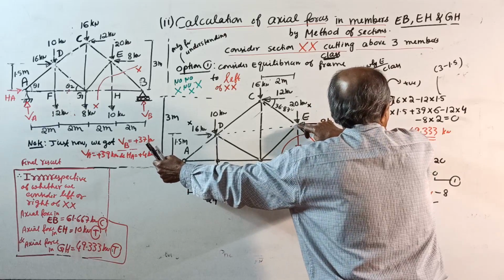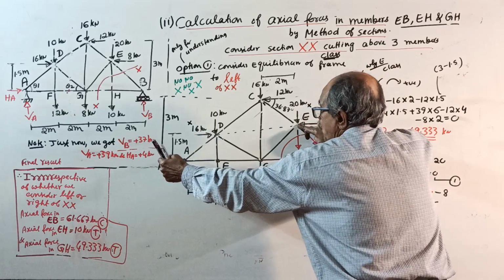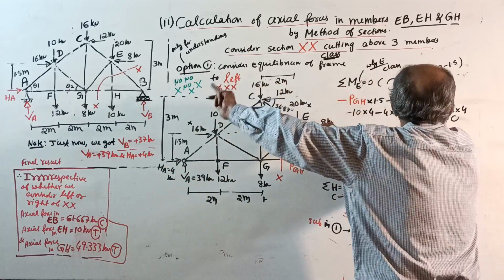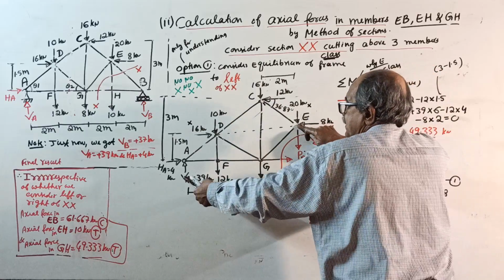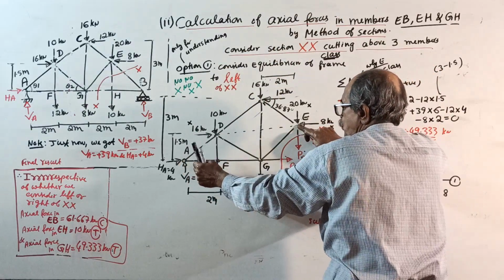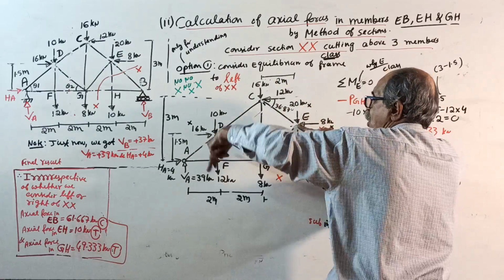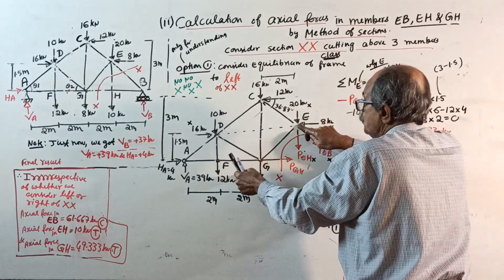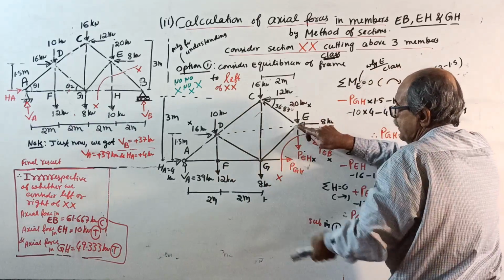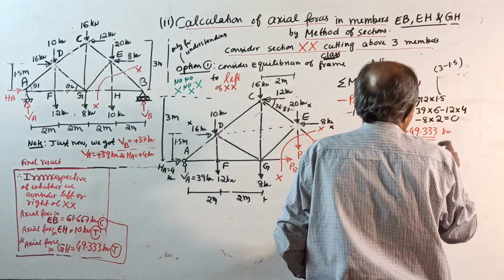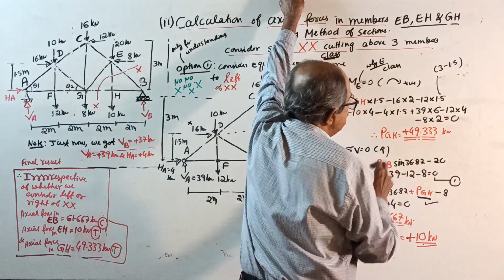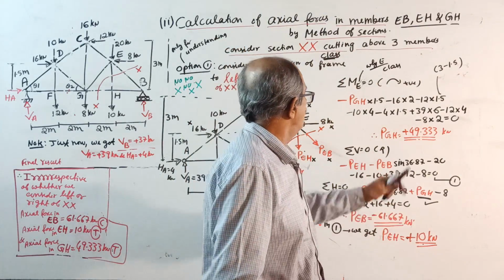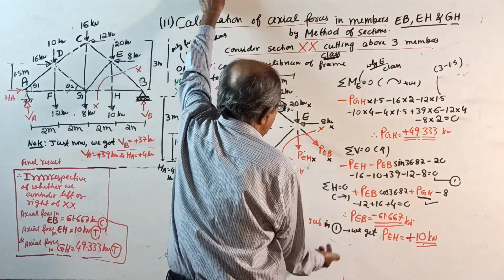Then 4 into 1.5, anti-clockwise, minus. But 39 into 6 clockwise, plus. Minus 12 into 4, minus 8 into 2 equal to 0. PGH will come 49.333 kilonewton.